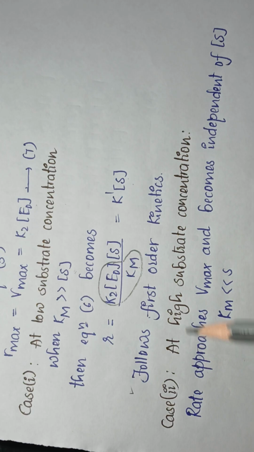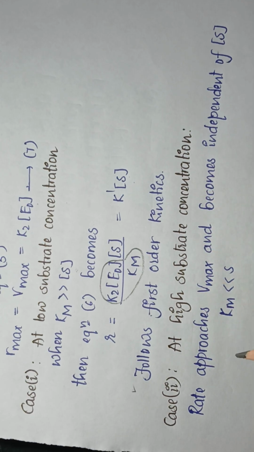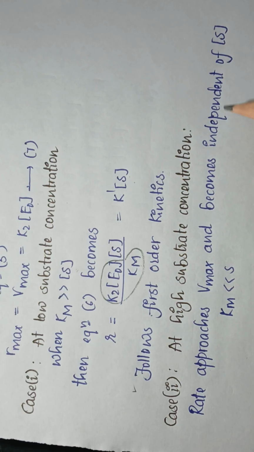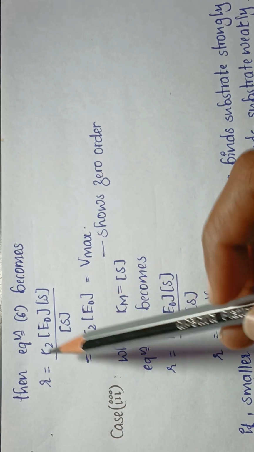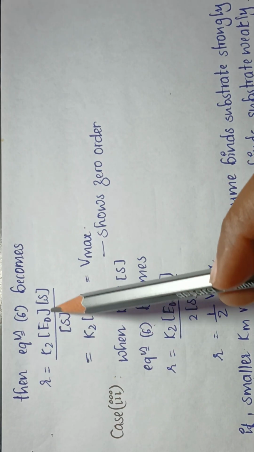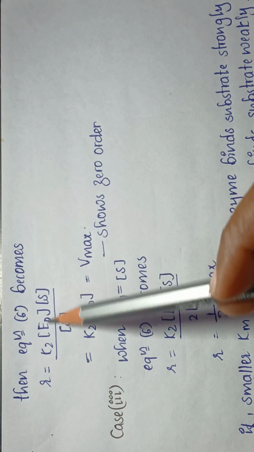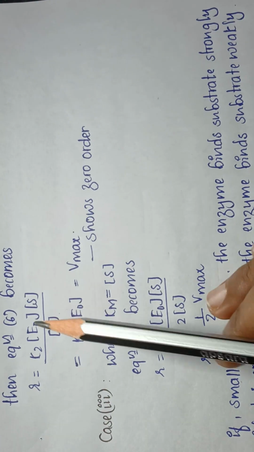Case 2 is at high substrate concentration. The rate approaches Vmax and becomes independent of the substrate concentration. Here Km is much less than [S], so equation 6 becomes rate equals k2[E0][S] divided by [S].